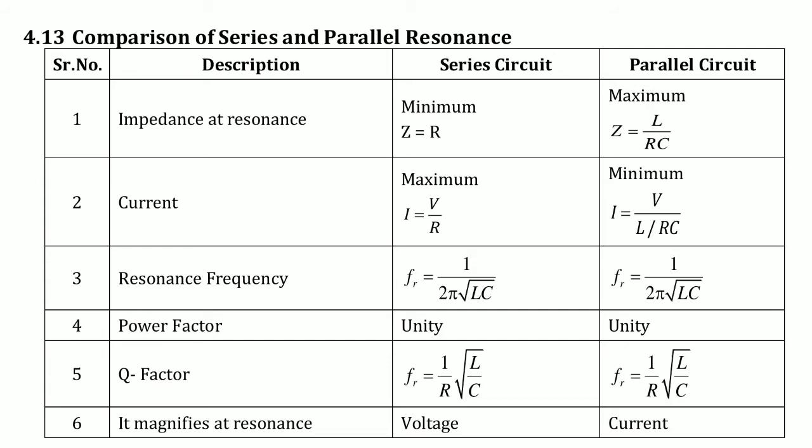Now go for the second one, current. In general, in AC circuits we can write I is equal to V by Z, where Z is the impedance. In the series resonance condition, Z is equal to R, so the impedance is minimum. With the minimum impedance in the denominator, the current is automatically maximum. So I is equal to V by R, the maximum current.